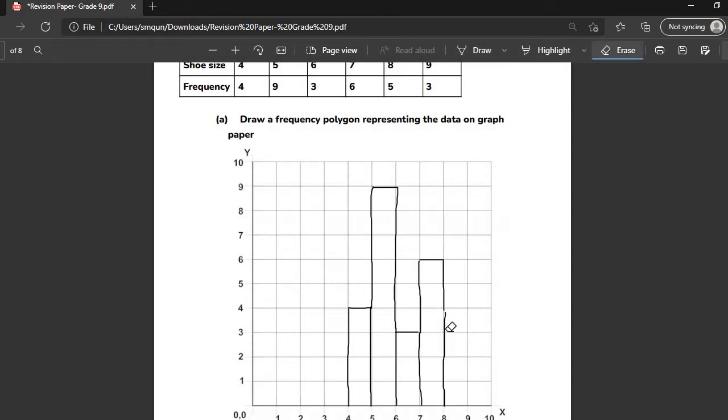The next one is going to be 8, 5. That's going to be here to here. And the last one is going to be 9, 3. So that's going to be from here to here.